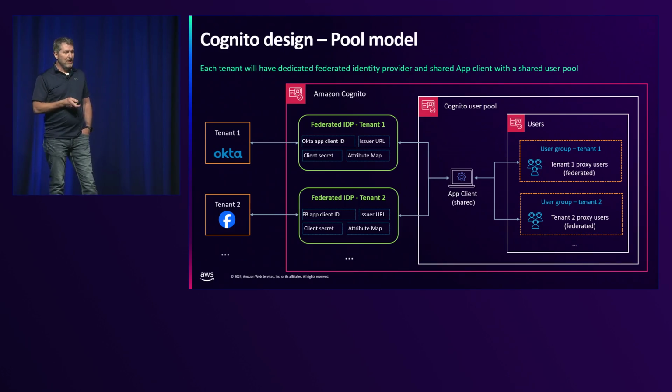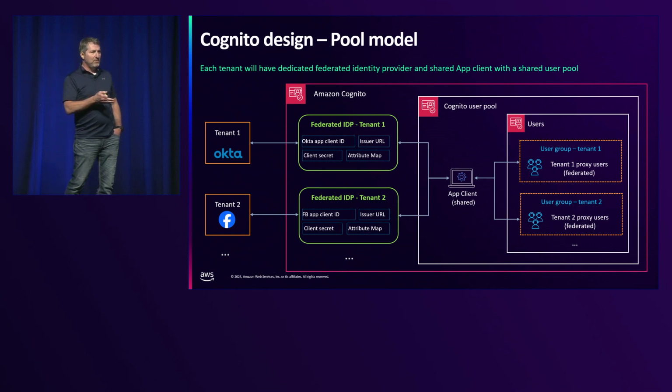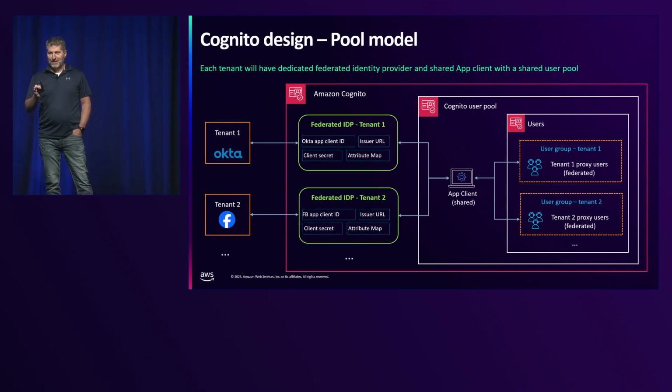Now, the thing that's kind of interesting about this, and the thing I'll point out, is that from a configuration perspective, remember the client ID and maybe the issuer URL and authority or whatever you have inside your web app, it's pointing to this app client, but we've got 2 different tenants that are hitting it. And so this presents an interesting challenge in that how do we possibly resolve the federated IDP when they log in, right? I'm going to just pose that question for now. I'm not going to answer it, but I'll just let you sit on that for a second. We'll come back to that.